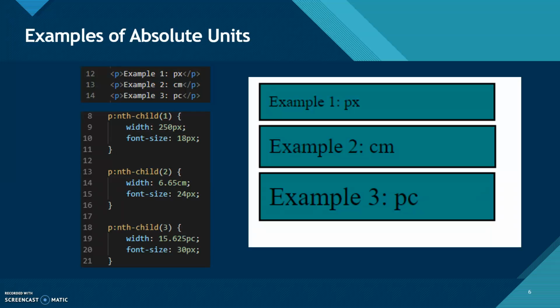I tried to do that on purpose, but you can see that the width is 250 pixels on the first one, or 6.65 centimeters on the second, and 15.625 picas on the third. And now, while these are all in different units, we can see that they can be measured in the same way.